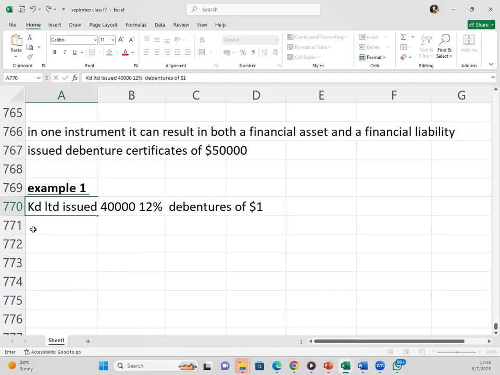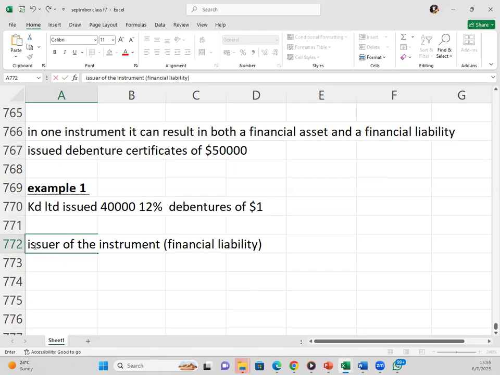So in the books of the issuer, to them, it's a financial liability. So to the issuer of the instrument, the one that's receiving the cash, to KD Limited, this is a financial liability.